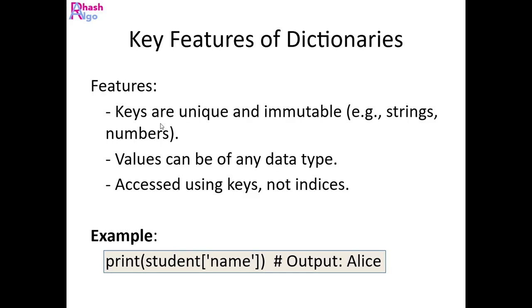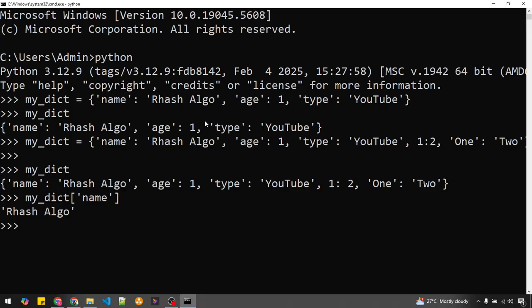Now, let's see some features related to Python dictionaries. Keys are unique and immutable, as I mentioned. These keys should be unique, and immutable in the sense that if we specify a list as a key, the values within the list can be modified, right?